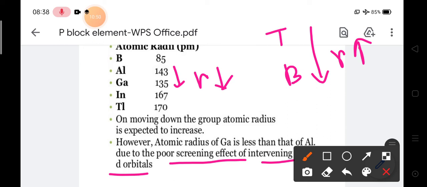The reason is the shielding effect, or screening effect. What is the screening effect? Basically, the d orbitals and f orbitals cannot shield the nucleus properly, so the outer orbitals do not get shielded properly.